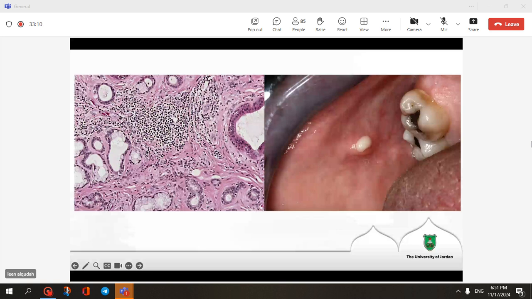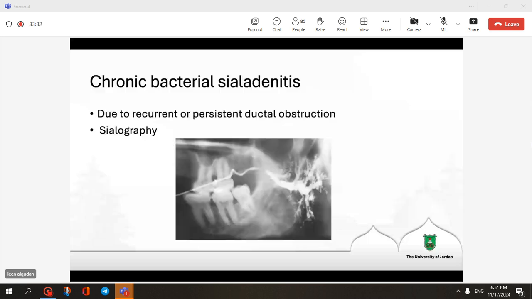There's acini, and if it was acute, you would see an intense acute inflammatory cell infiltrate, which is neutrophils. And of course, surrounding the ducts in the acute one there will be periductal inflammation. Whenever you have an inflammation or an infection like bacteria, it will lead to dilation of the ducts.